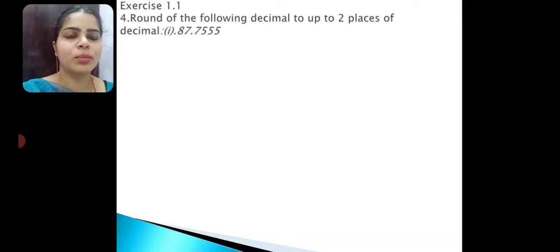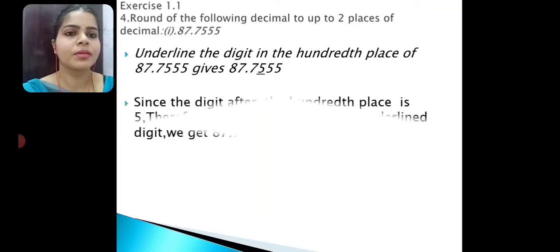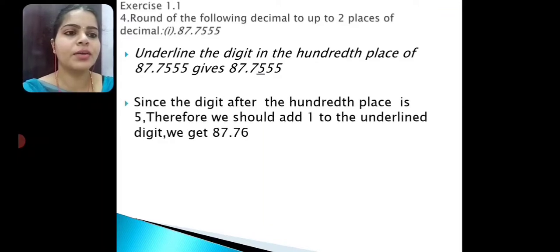Now, let us solve the fourth problem. Round off the following decimals up to 2 places of decimals. In the first Roman number problem, 87.7555. First, underline the digit in the 100th place of 87.7555. We have underlined 5.